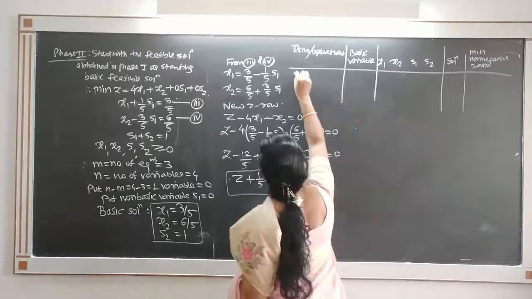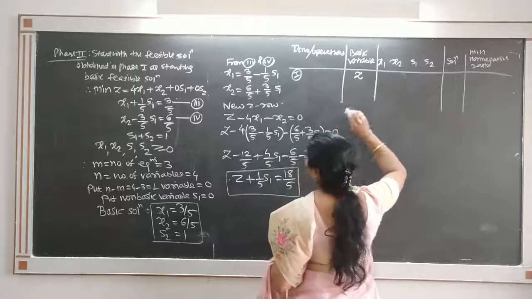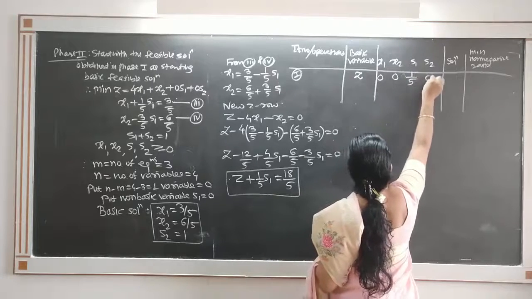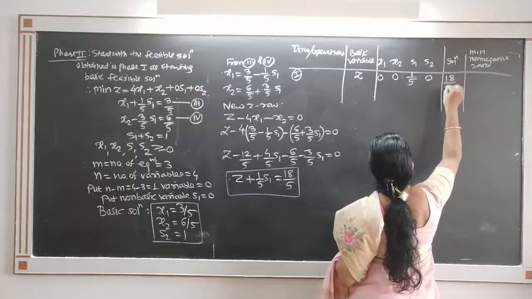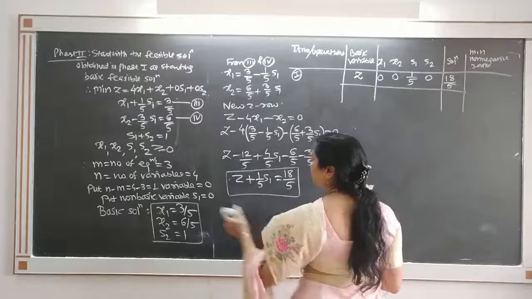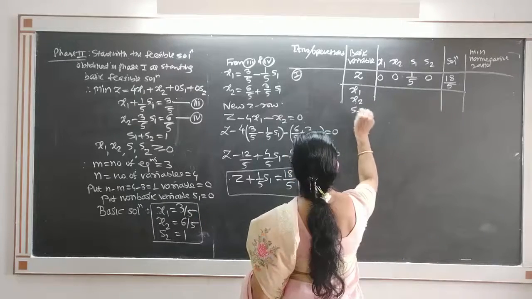Start with the first iteration. We have basic variable Z, plus 1 by 5 S1 is equal to 18 by 5. There are three basic variables x1, x2 and S2.